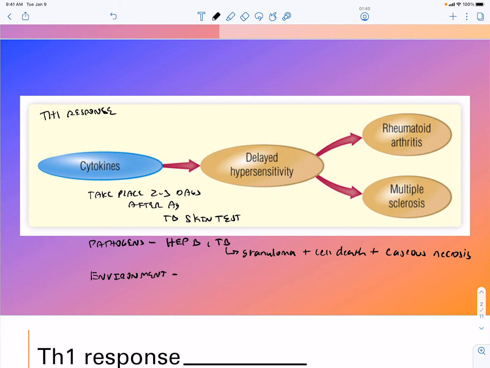We also have environmental agents, and these can be nickel, which is going to cause contact dermatitis.